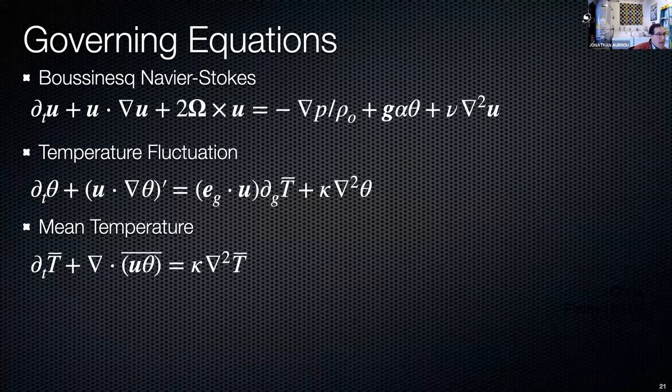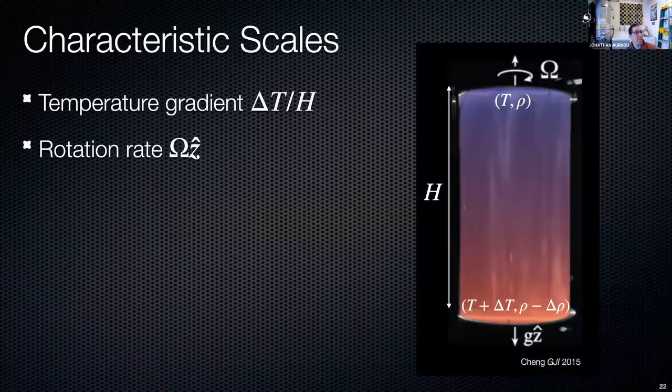Okay. And in this world, I'm going to simplify. We're going to make our spheres into cylinders or plane layers or shells. The scaling arguments I'm going to give hold in all of them. And so let's for now just go to my lab and look at a cylinder.